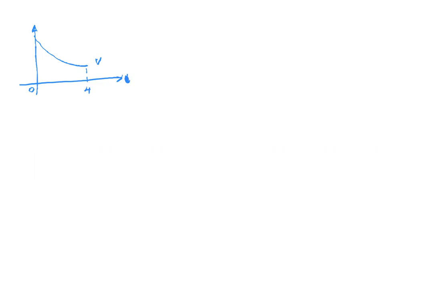This is my V equal to 2e to the power negative t plus 2. N is the number of rectangles of equal width.